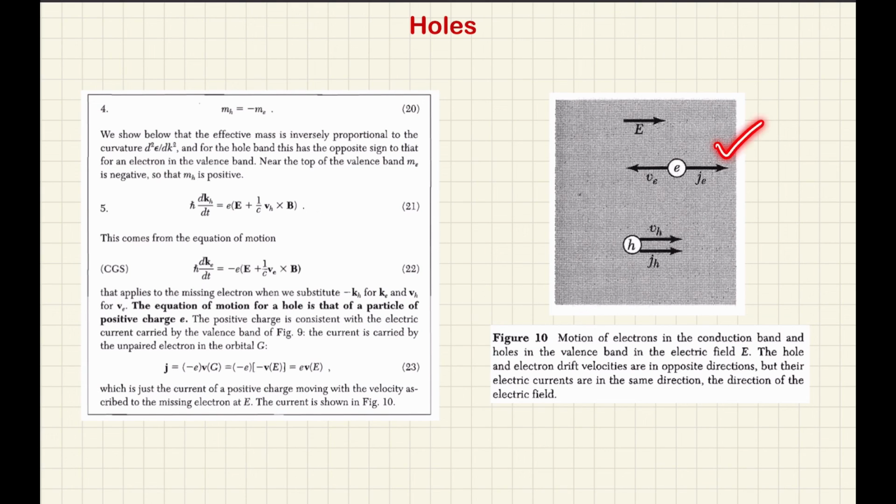Now in the figure on the right hand side, you can see the flow of electrons in an electric field. The electron will flow opposite to the direction of the electric field. The current density, which is normally defined in terms of the flow of positive charges, will be towards the right hand side. For the holes, the velocity as well as the current density will be in the same direction, in the direction of the electric field.